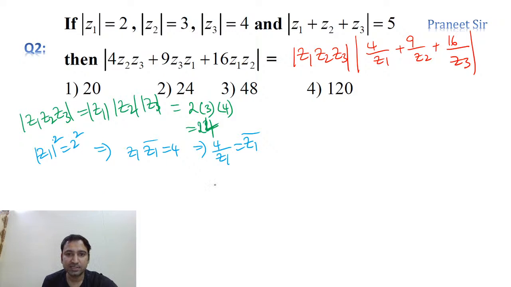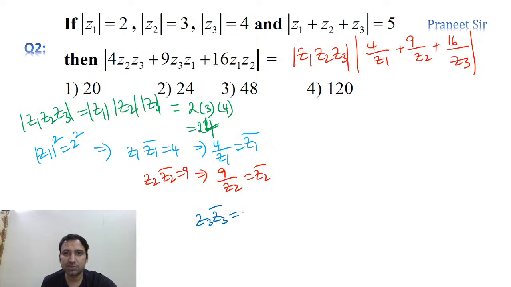Similarly, z2 into z2 bar is equal to 9. From this, we can write z2 bar as 9 by z2. Clear? Same way, z3 into z3 bar is equal to 16. From this, we can write z3 bar as 16 by z3.